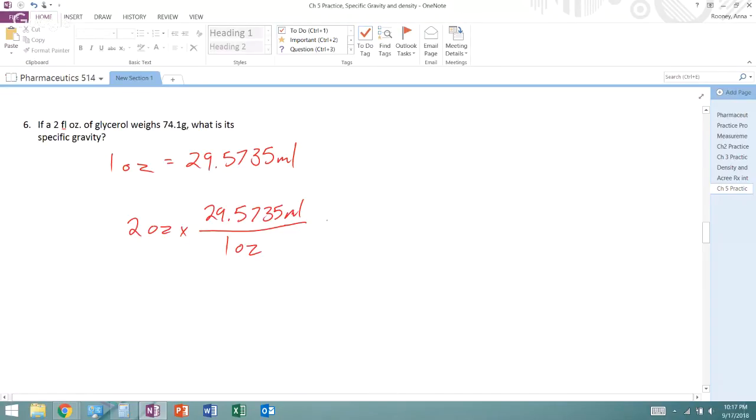For every single 1 ml H2O, that is the same as 1 gram H2O.